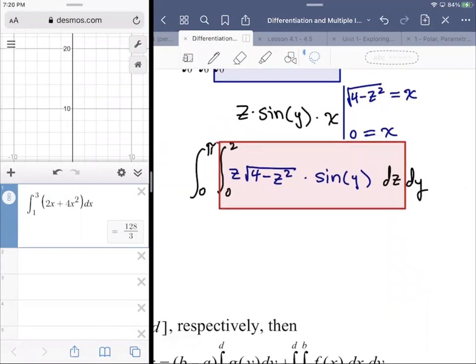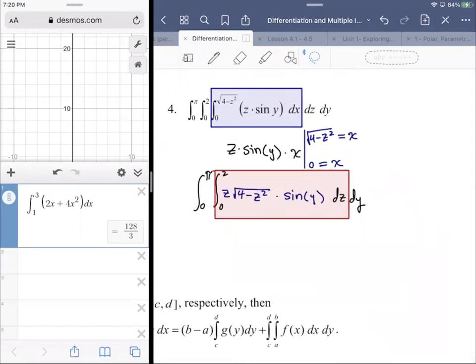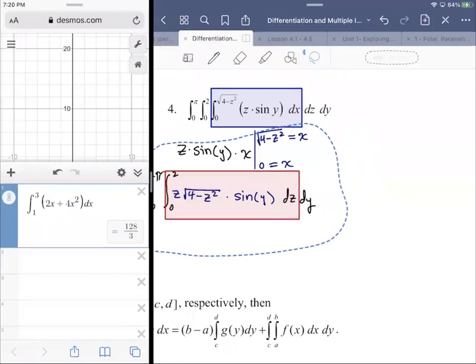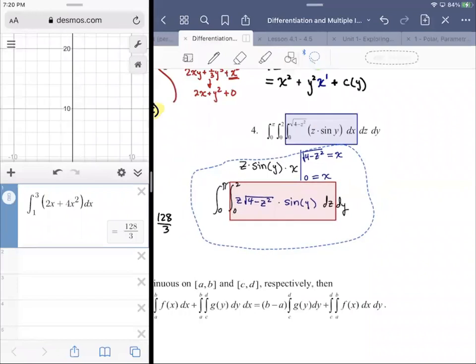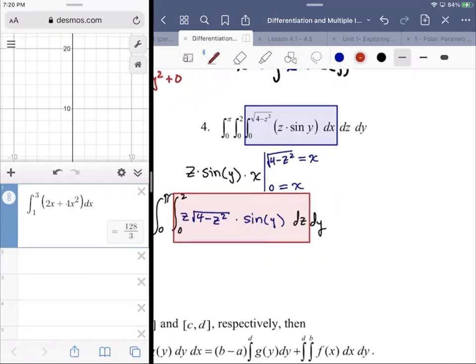That looks like a little bit of u substitution, but it's not really complicated u substitution. So what I can do is I just kind of chuck it off on the side. And you'll find probably in this topic more than any other, the concept of multiple integrations, you'll find yourself doing a lot more scratch work than a lot of the other things that we've done in this course.